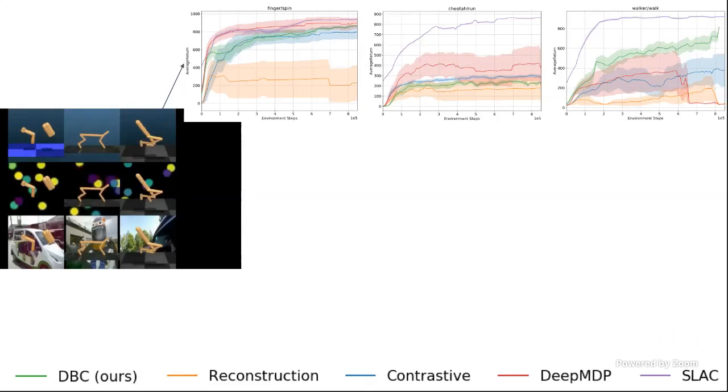Right. How expensive is it to run the algorithm? Yeah, it's on par with other model-based methods that learn a dynamics model. Here we have the baselines that we used.